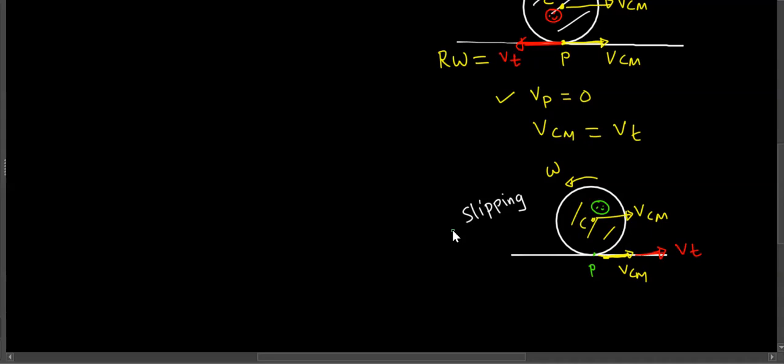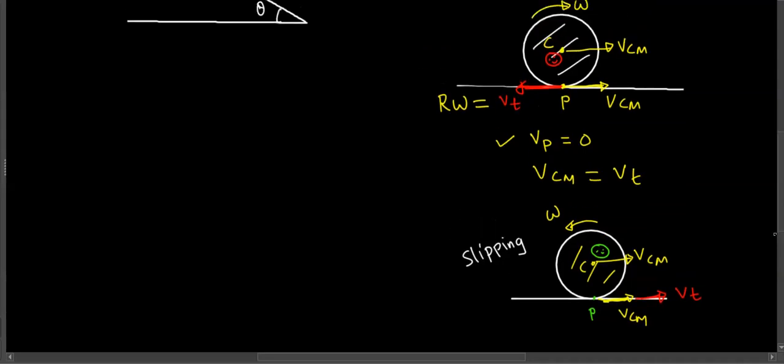Number two, they should have the same magnitude. Then vectorially, the point that is touching the ground will end up having zero velocity. If it has zero velocity, then it's nice rolling. Now there's an interesting thing if you really look at it.